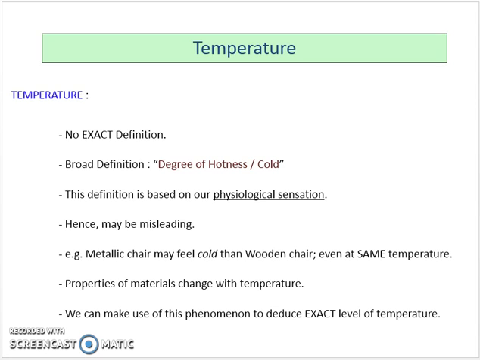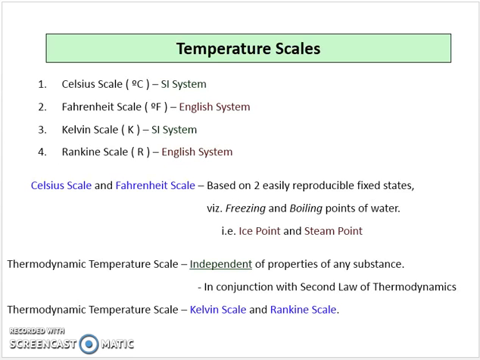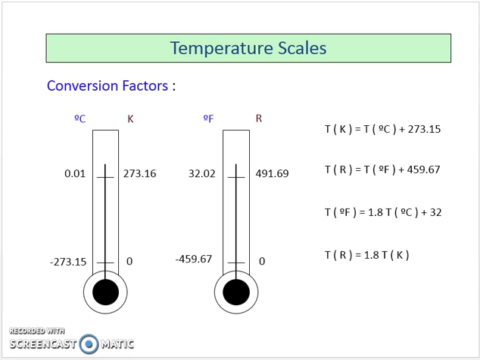Properties of materials change with temperature. We can make use of this phenomenon to deduce the exact level of temperature. Temperature is denoted by Celsius, Fahrenheit, Kelvin or Rankine, that is the English system. That is the conversion factor from Kelvin to degree centigrade, Rankine to Fahrenheit, Fahrenheit to degree centigrade, Rankine to Kelvin.